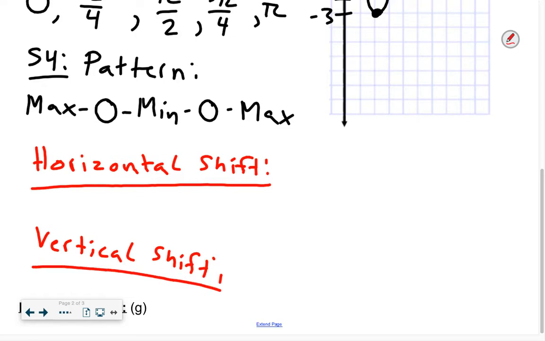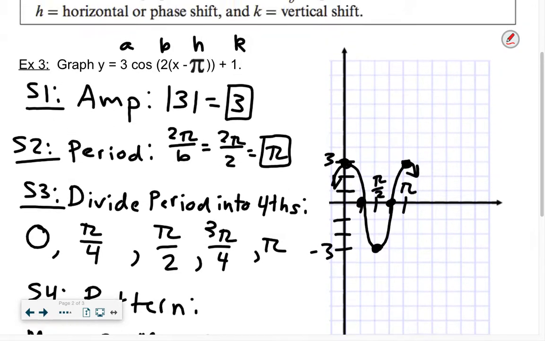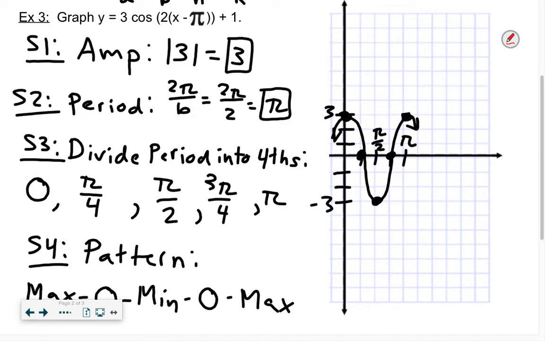Let's start with our horizontal shift. Which way are we going to move this thing? First of all, left or right? Maybe before we answer that question, we need to ask ourselves, if I want to determine the horizontal shift, where do I need to look? Which value is it?